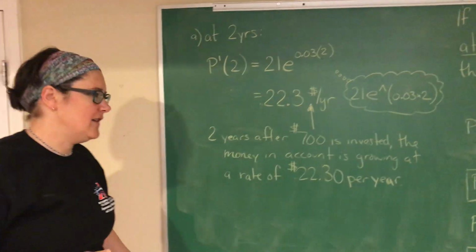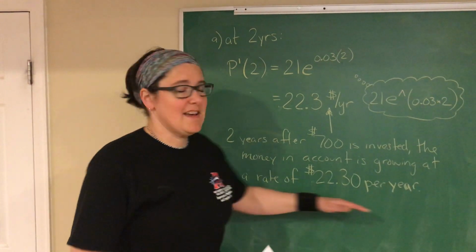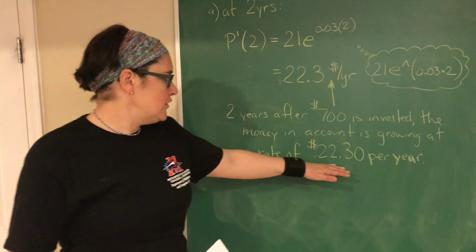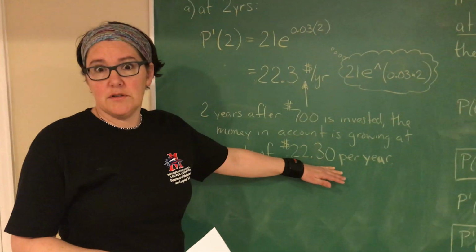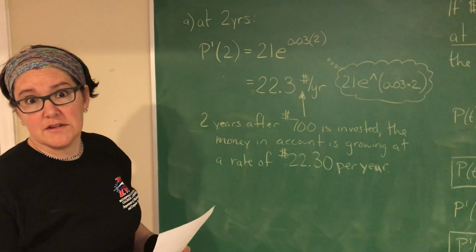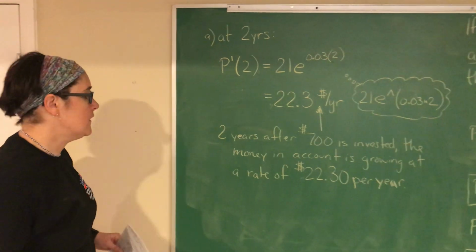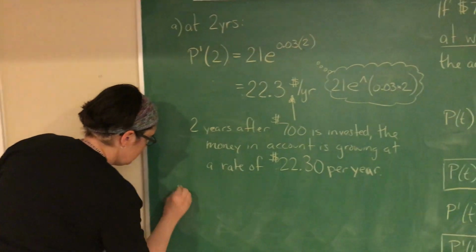Another way to say that is, roughly speaking, that in that second year, in year 2, your money in your account is going to increase by $22.30. All right, so that's part A.